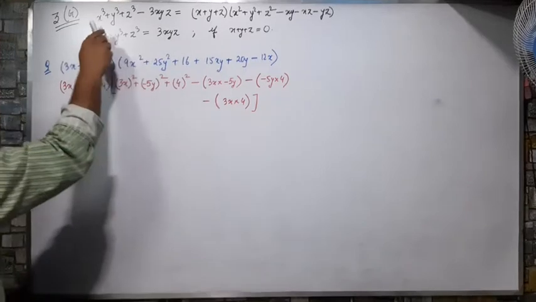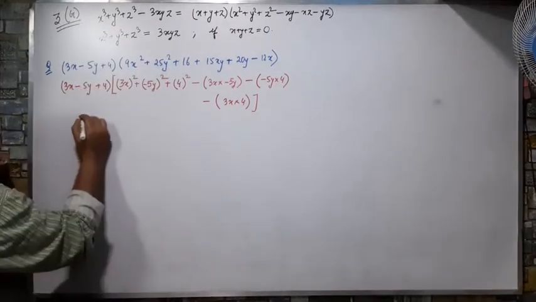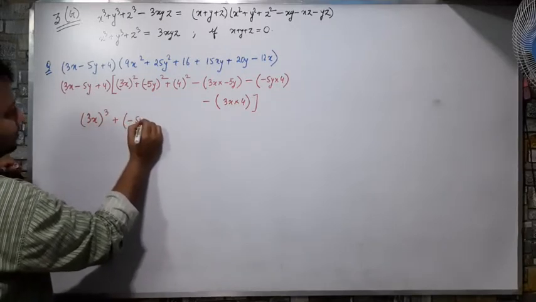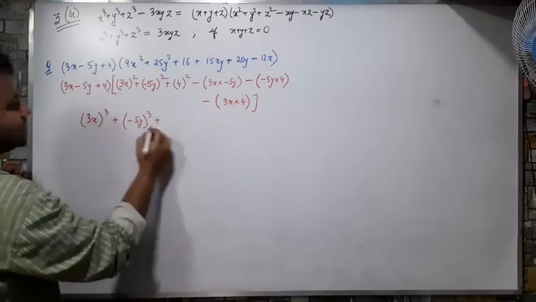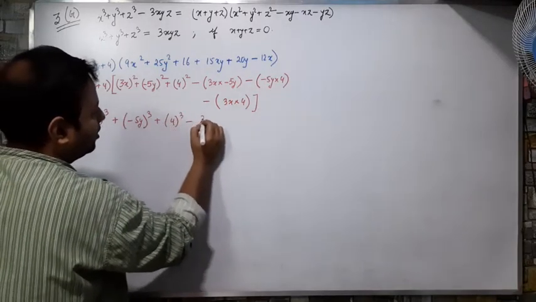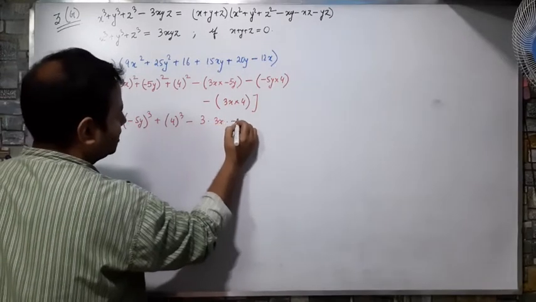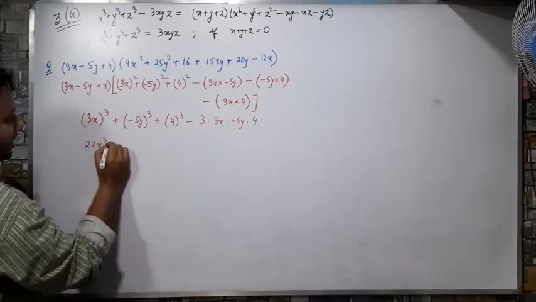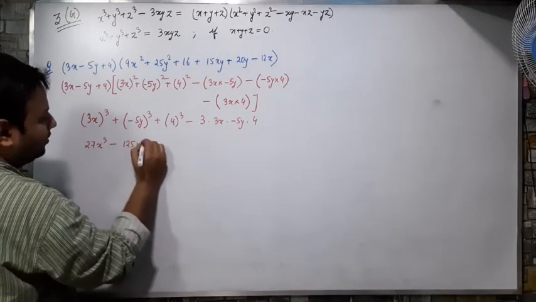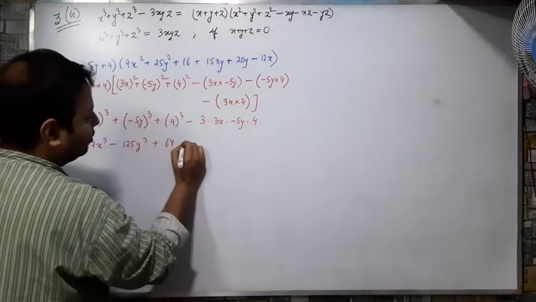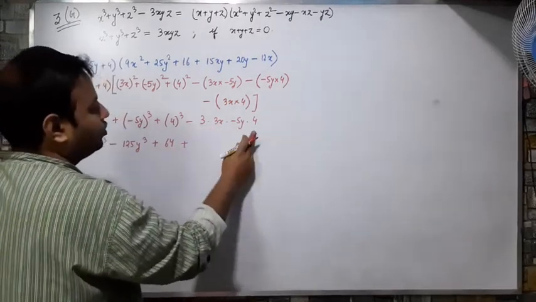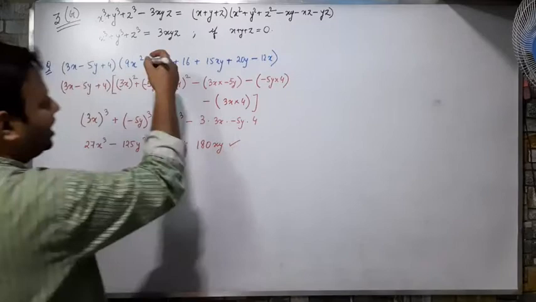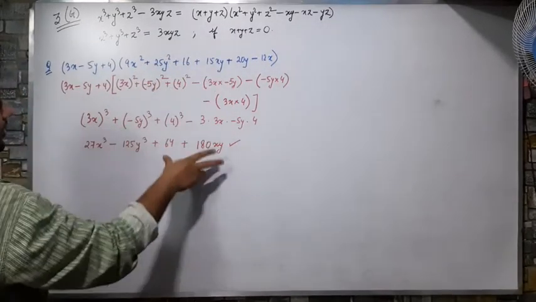The formula of this is this one, x cube plus y cube plus z cube minus 3xyz, that is (3x) whole cubed plus (minus 5y) whole cubed plus 4 whole cubed minus 3 into 3x into minus 5y into 4, that is equal to 27x cube minus 125y cube plus 64 plus 3 into 9 into 20, which is 180. So this is how I have reduced this whole term into this.